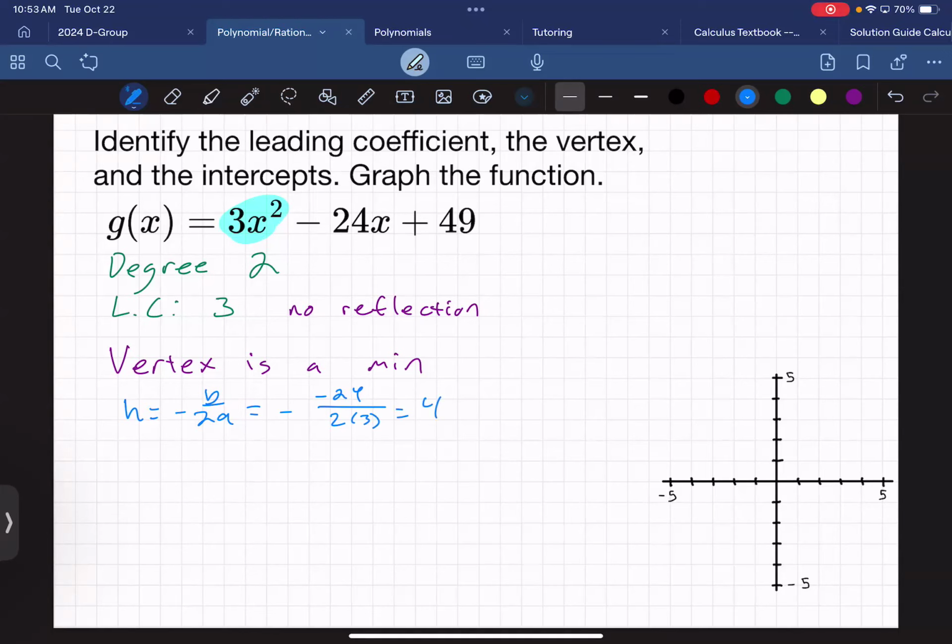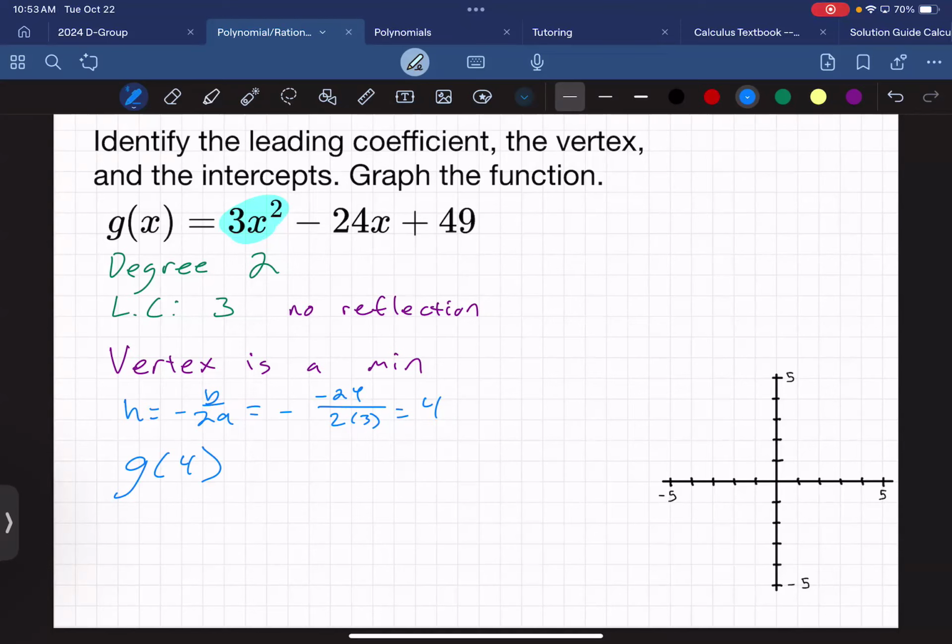Now, if that's our x value, the x coordinate of our vertex, how do we get the y value? You have a function, you have an x value. What do you do to get the y value? Plug it in. We got to plug it in, right?